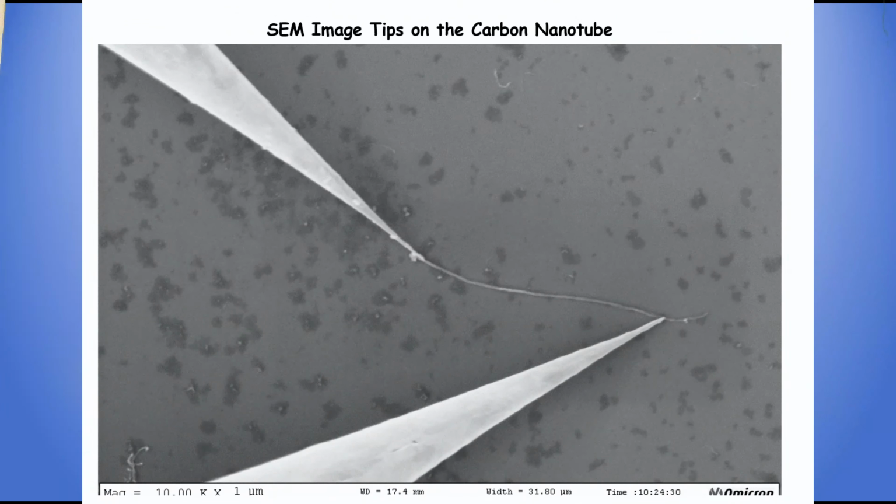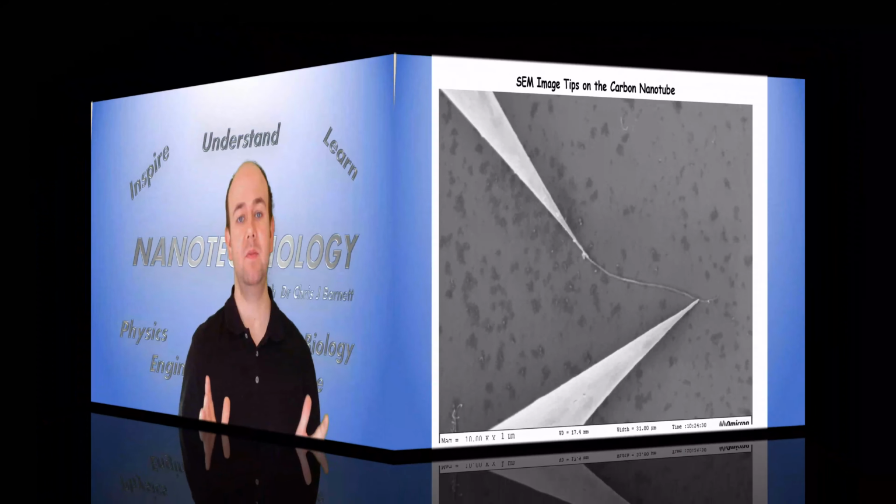We landed one tip on the carbon nanotube at one end, and the second tip at the catalyst end, but not on the catalyst, still on the tube. We took current measurements by sweeping the voltage from -1 volt up to +1 volt, and from those we can calculate the resistance at different voltages.